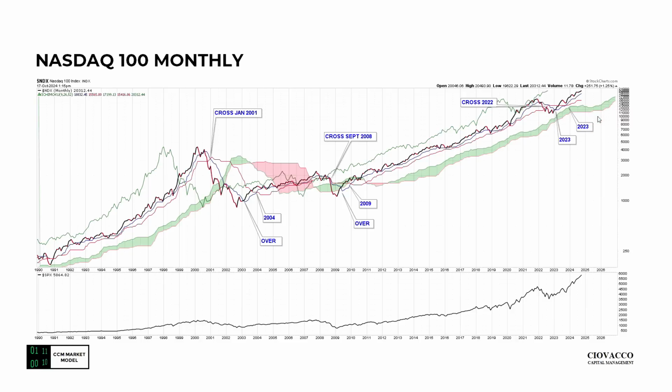This speaks to long-term market probabilities. After this cross, the market went up for a long period of time.